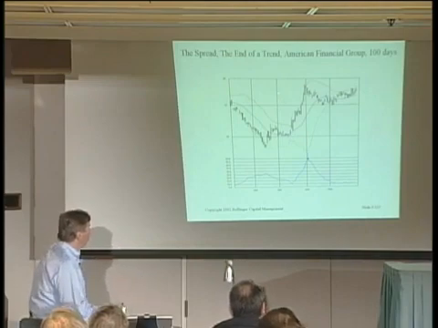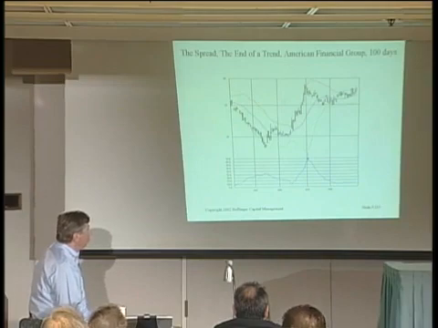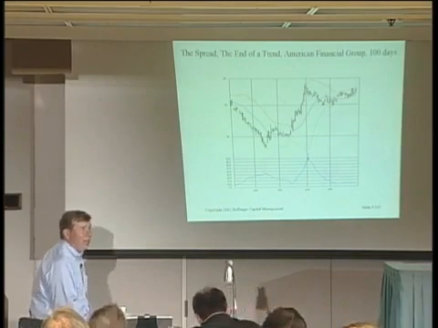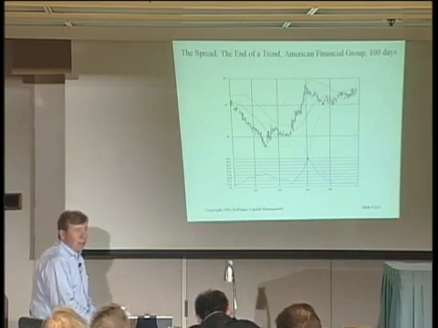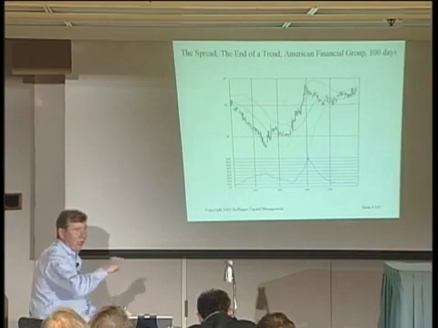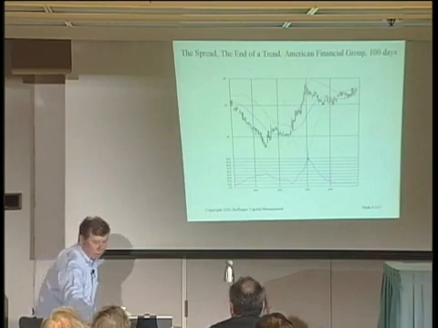So the spread marks the end of a leg and/or the end of a trend. Sometimes it will be the end of the trend, but often it's just the end of that leg up. And as I showed you in a couple of the other charts, you'll get 3 or 4 of them in a big move.